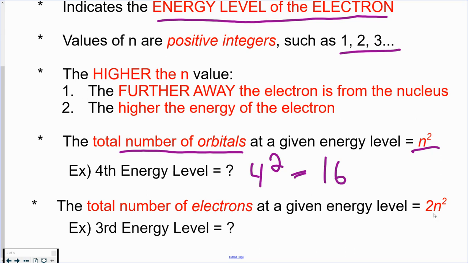If it is multiplied by 2 after squaring, it can tell us the total number of electrons. For 3, if you square that, you get 9, and then multiply it by 2, giving you 18. So what that's telling us is that on the 3rd energy level, you can have 18 electrons.